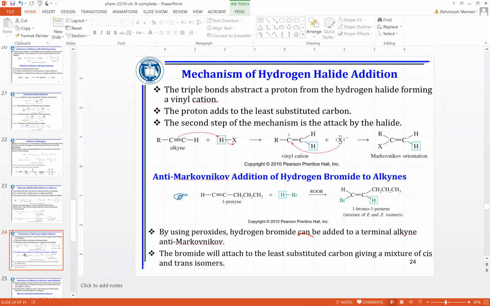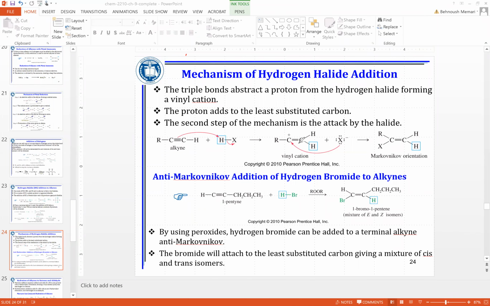In addition of HX, H is added first. Remember, you're not bringing other catalysts. HX is an acid, so basically it's like 2 in 1. Your HX provides the electrophile and the nucleophile, and H can act as a catalyst. So H will come in first.